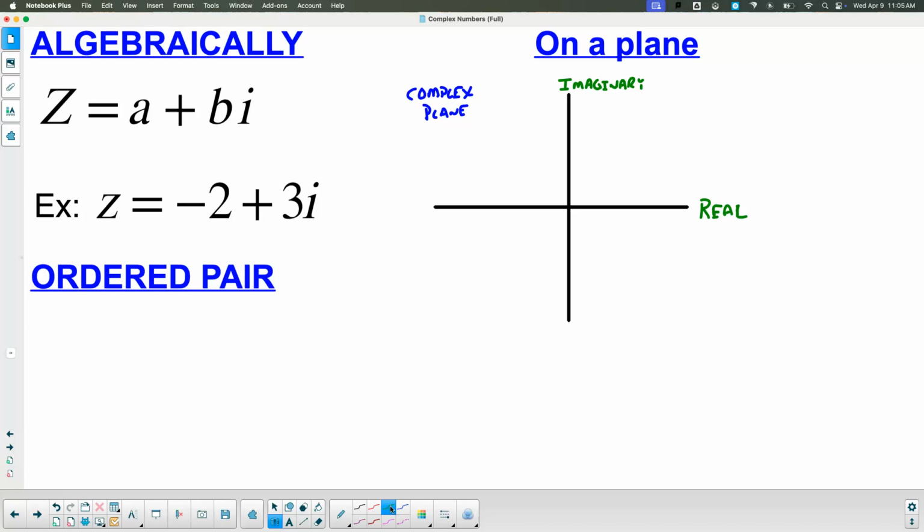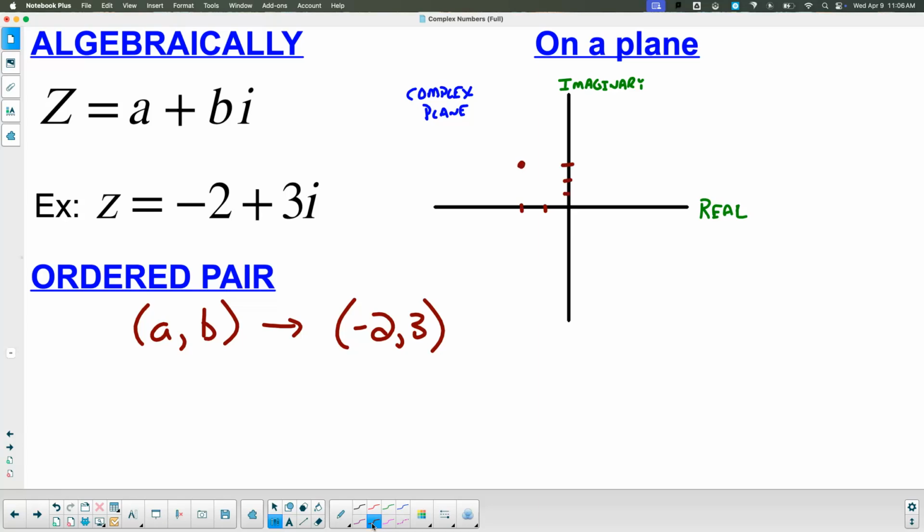So the point, or the complex number, negative 2 plus 3i, could be written here as an ordered pair, a comma b, if we were to graph it in the complex plane. That would be negative 2 comma 3, which would be 1 and 2, 1 and 2 and 3.